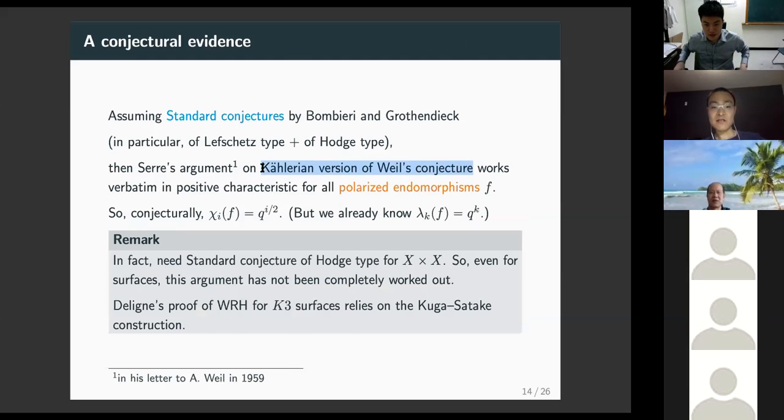I proved that if F is a polarized endomorphism of a complex Kähler manifold, then we have this one. Actually, we have that all eigenvalues have absolute value q^(i/2). Okay, thank you.